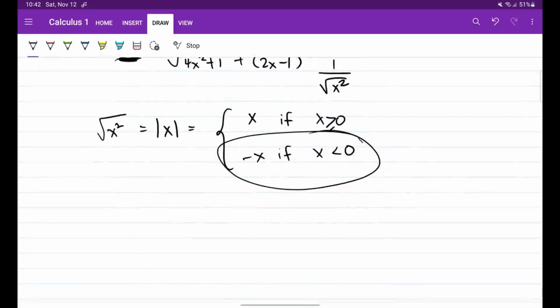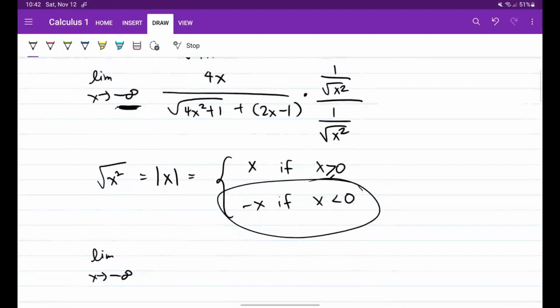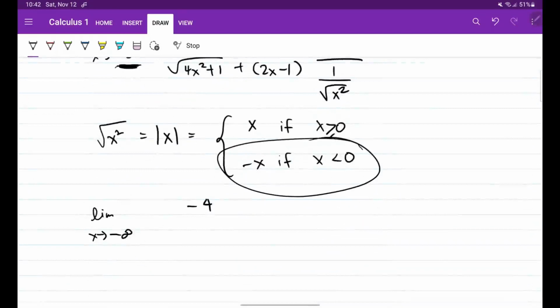So if we simplify now, this will become the limit as x approaches negative infinity. Our 4x here, divided by negative x, will become negative 4, all over: our square root of 4x squared plus 1 becomes square root of 4 plus 1 over x squared, then the 2x becomes minus 2, then the negative 1 becomes plus 1 over x.